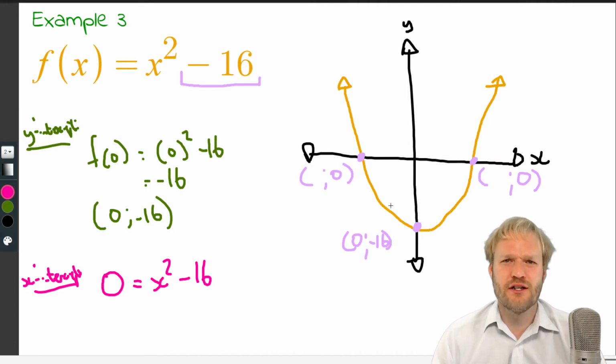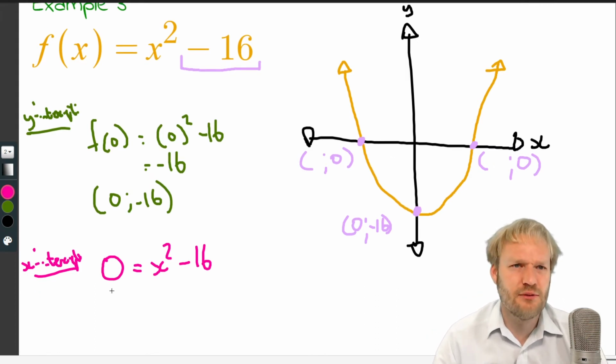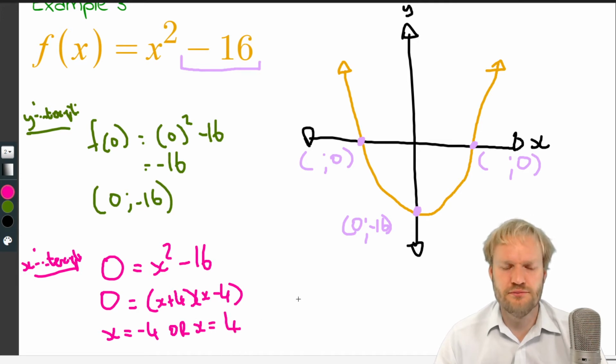Now there's half a chance that by this stage you said, okay, well I know it's minus 4 and 4, but let's go through it thoroughly. If we're given a quadratic, generally our strategy is to make sure we've got equals 0 on one side, and factorize the other. We get x plus 4, x minus 4, so x equals minus 4, or x equals positive 4.